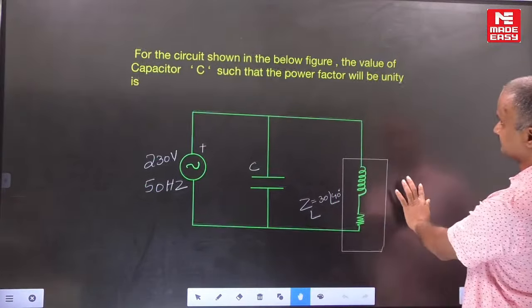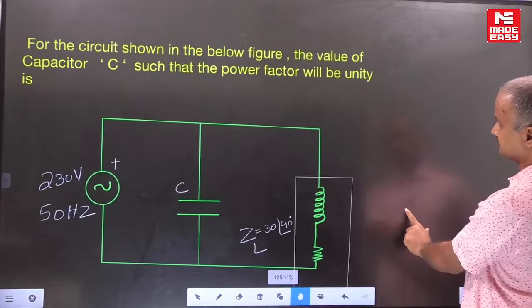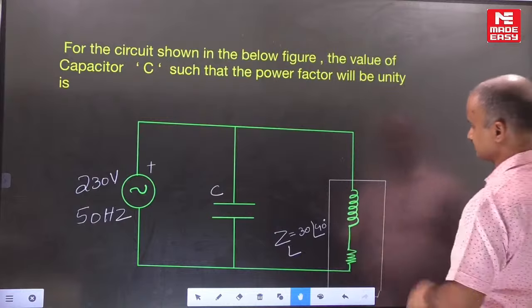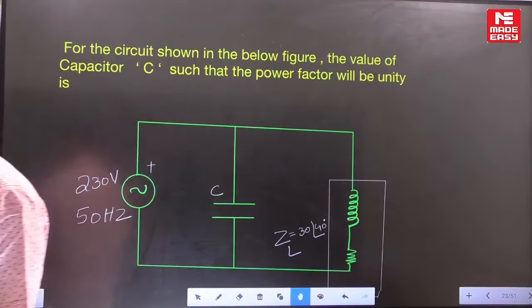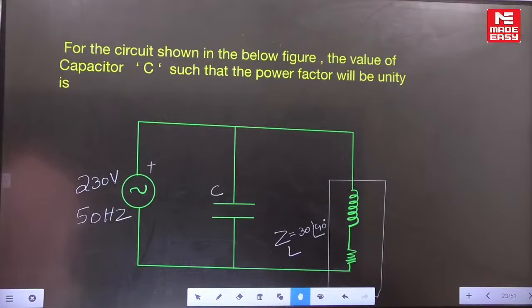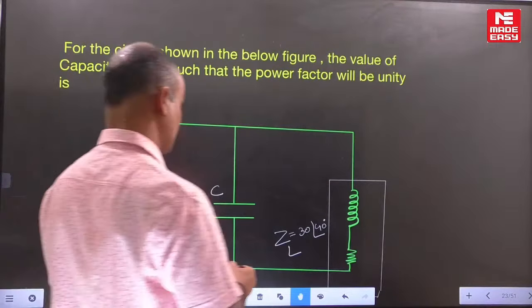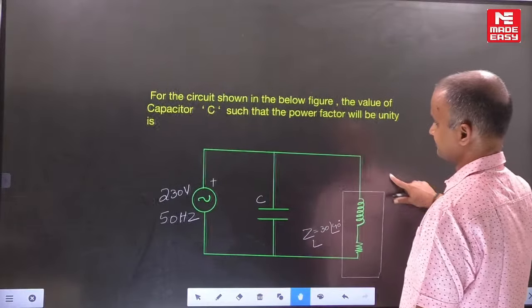Write this question. Now what is the requirement?